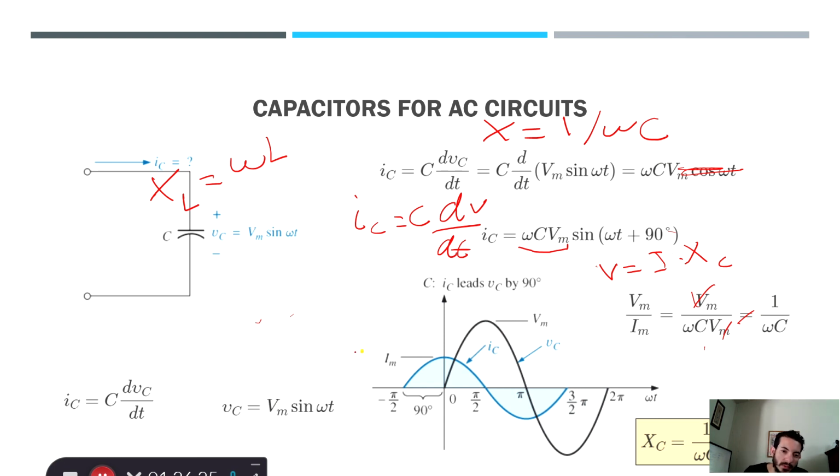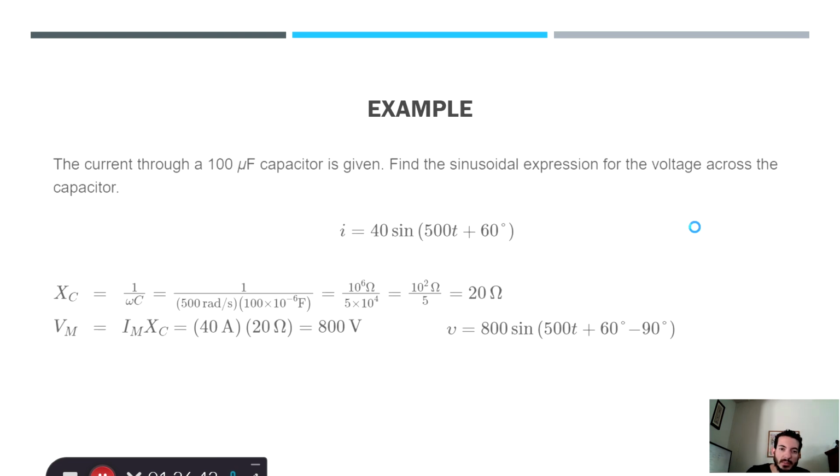You're going to have your input voltage, which is Vm sine omega t, but when they ask you to plot the current, it's going to be sine omega t with an offset of 90 degrees. So let's see an example.